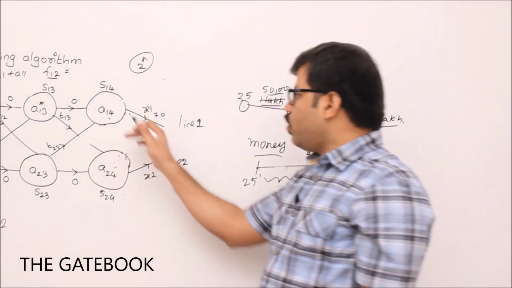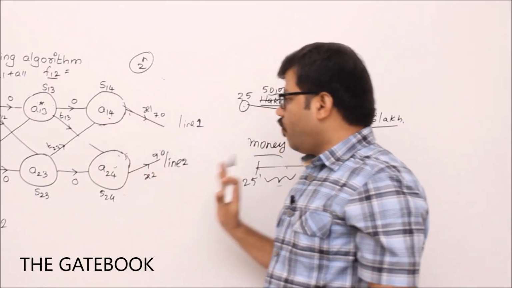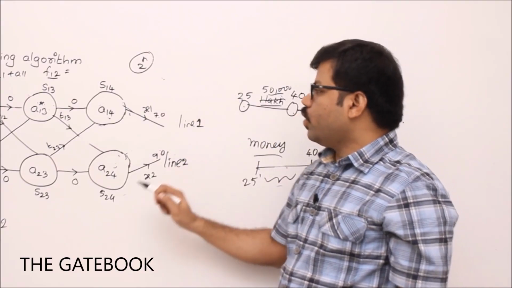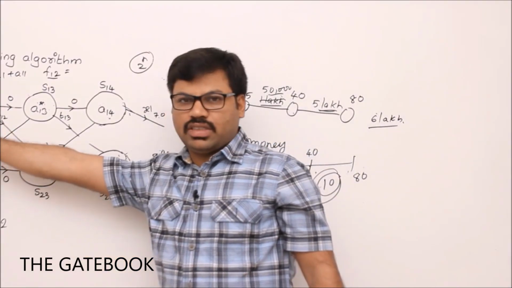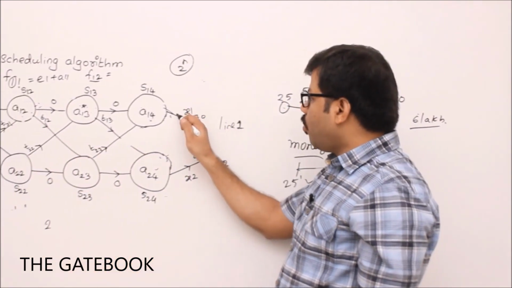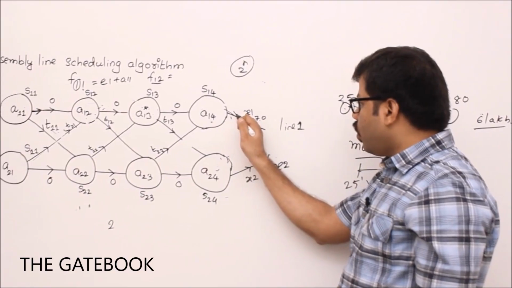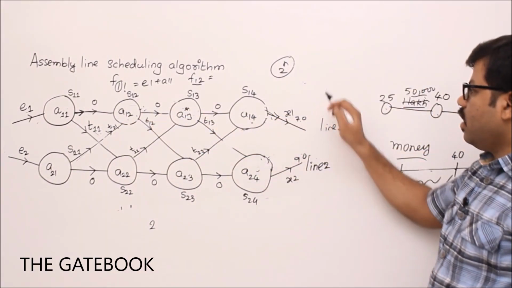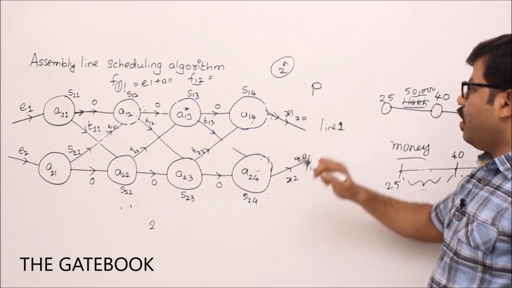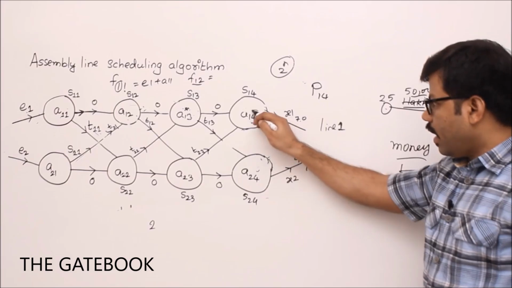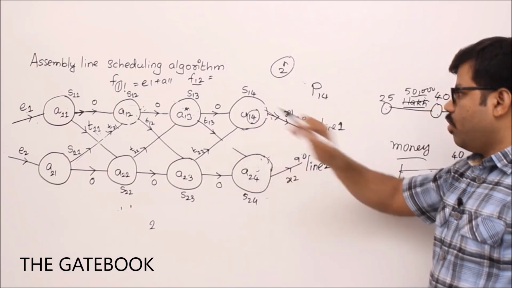So finally, let me summarize. What is your goal? You want to start somewhere in the first stage, either line number 1 or line number 2, but you want to finally come to this one, like you want to come here with some path, correct? That path is, let's say, named P14, which is coming through stage number 4, line number 1.